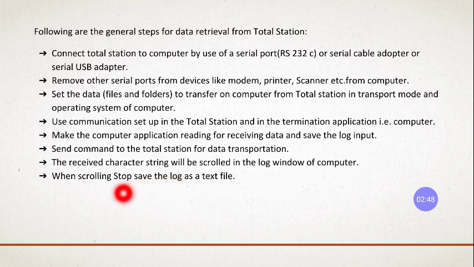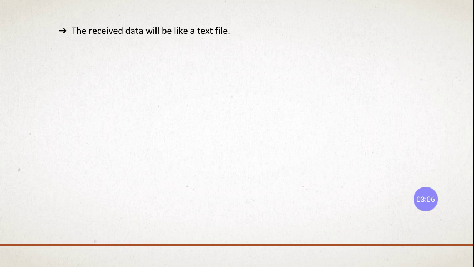Once the scrolling stops, save the files as a text file. Those are all C language files, so you have to set it up as a text file. Once you set a text file, it will automatically convert into text. The received data will be in the text file.